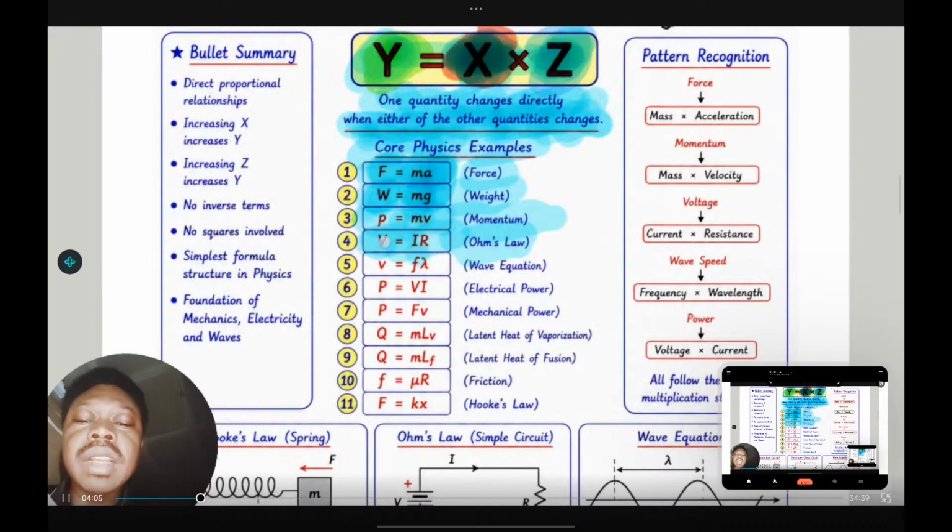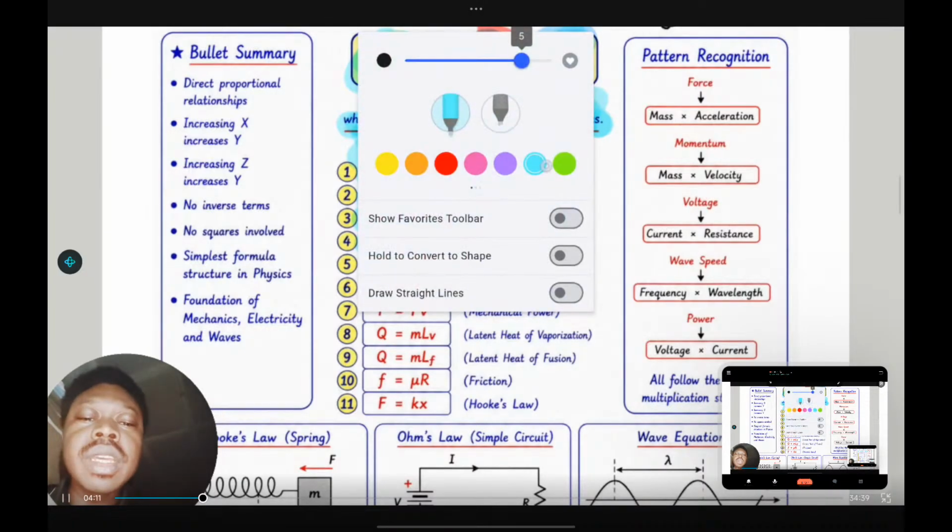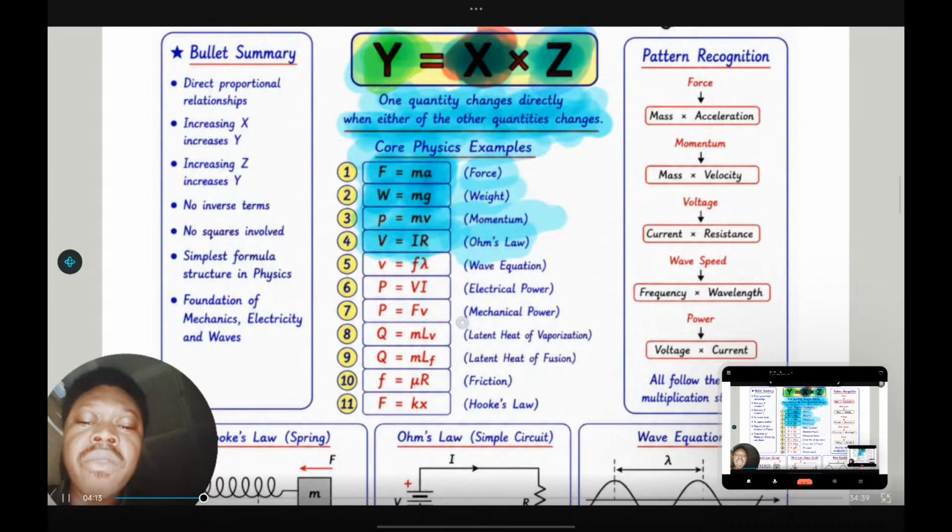Over here, you can see that V equals IR. The same structure, the same core DNA being used in generating this particular formula. So once you understand this DNA, I'm telling you, you'll be able to recall most of the formulas. You can see with this DNA, you can recall up to how many formulas? 11 here. You can recall up to 11 different formulas from here.